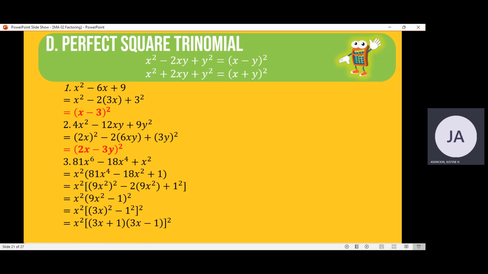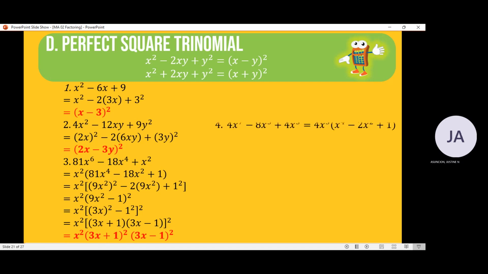Then we distribute the square, so our factors are now x squared times (3x plus 1) squared times (3x minus 1) squared. Again, just observe, there might be the use of the common monomial factor and the difference of two squares.